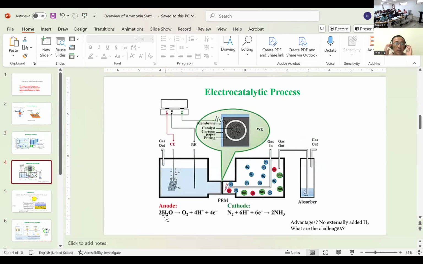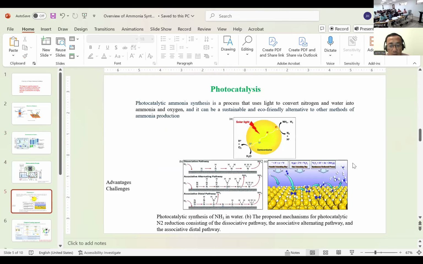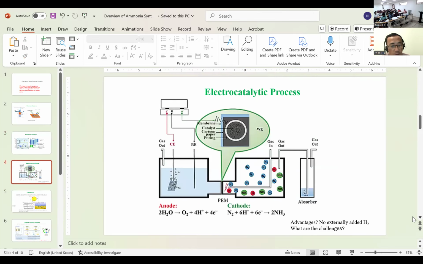So in this process, you produce hydrogen on one side, on the anode side. Then the hydrogen is basically not hydrogen, it's hydride passing through the membrane, and then reacting with the nitrogen to make ammonia. It's pretty cool, all right? So I'm going to ask you a question now. This is different. This is a revolutionary change. Revolutionary change means there's no Haber-Bosch anymore.